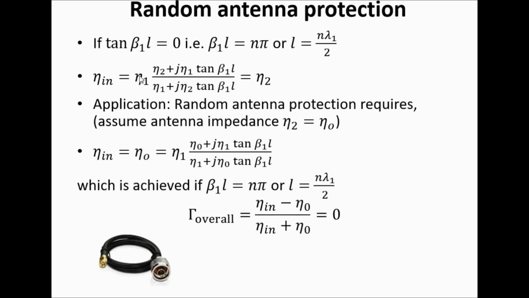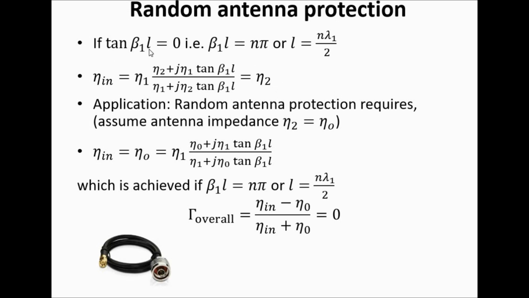Now we can use this concept for antenna protection. If tan beta 1 L equals 0, that means beta 1 L equals n pi, L equals n lambda 1 over 2. So the input impedance is equal to eta 2. That means the input impedance will be the impedance of the second medium.